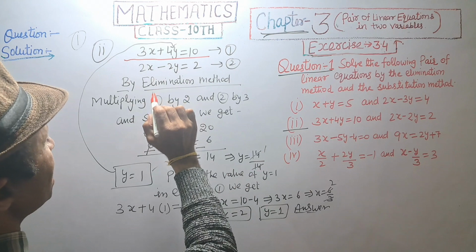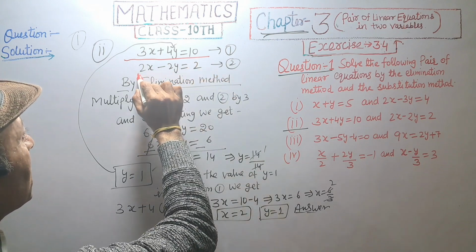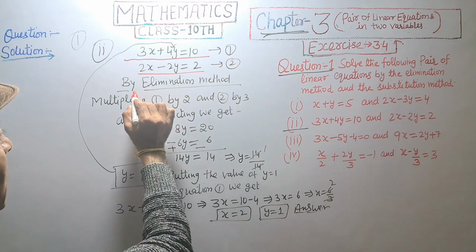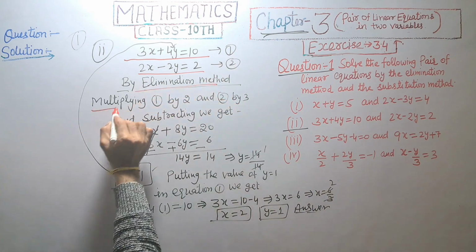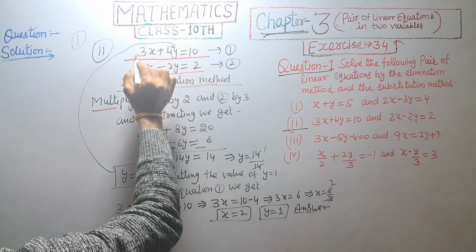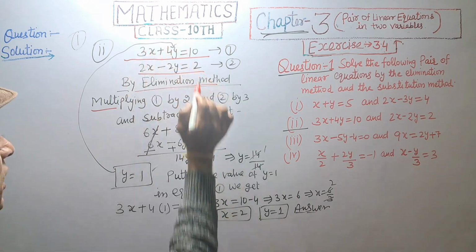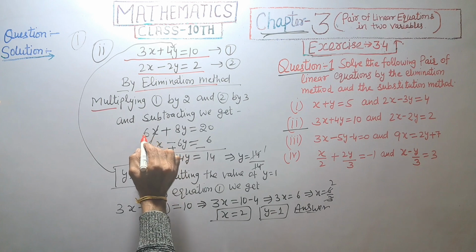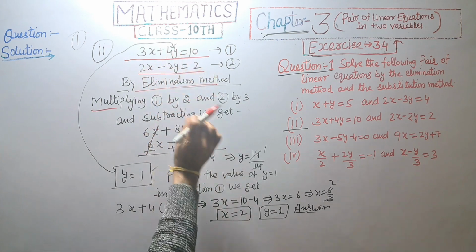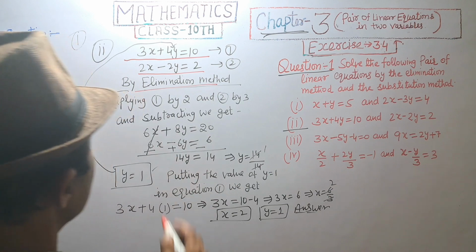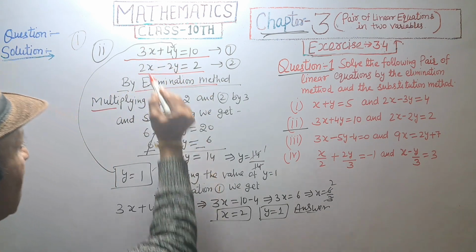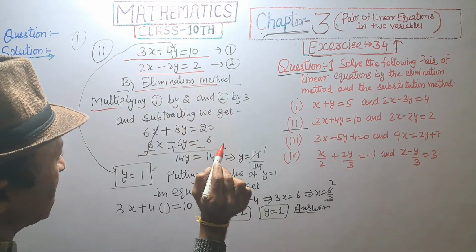Equation first is 3x plus 4y equal to 10. Second equation is 2x minus 2y equal to 2. By elimination method, multiplying equation first by 2 and second by 3, we get 6x plus 4 2s are 8y is equal to 10 2s are 20. 3 2s are 6x minus 3 2s are 6y is equal to 3 2s are 6.